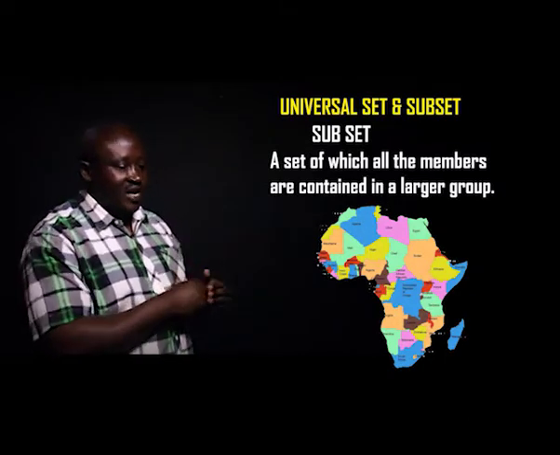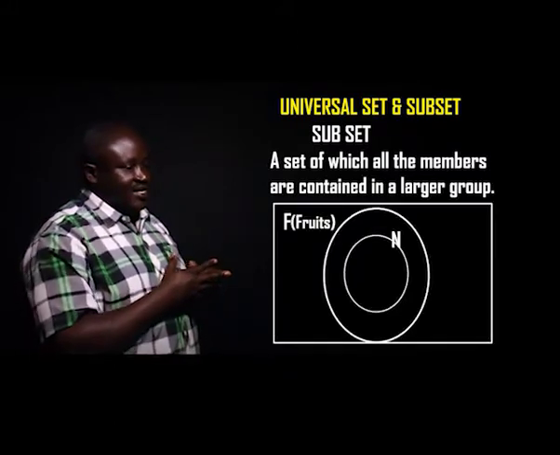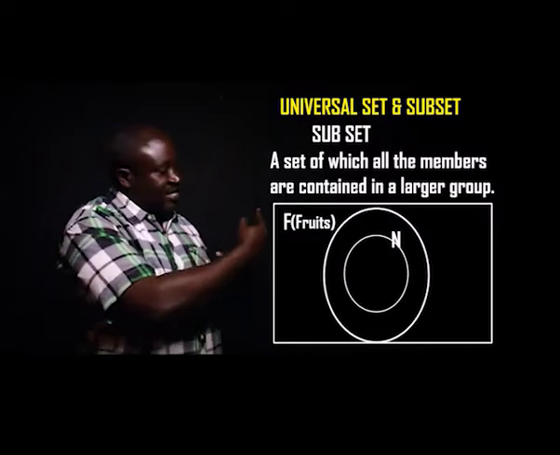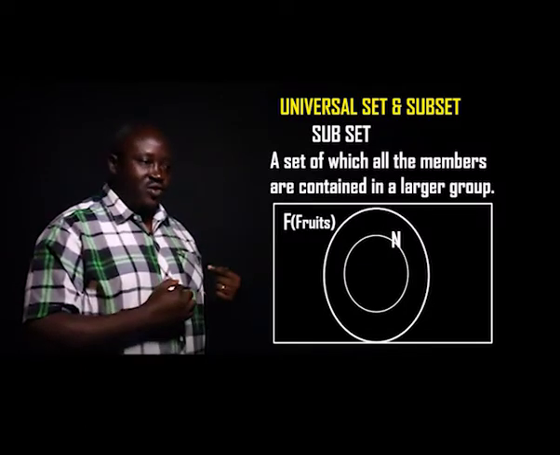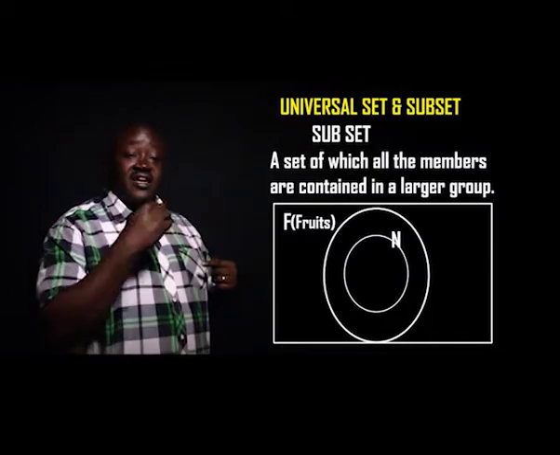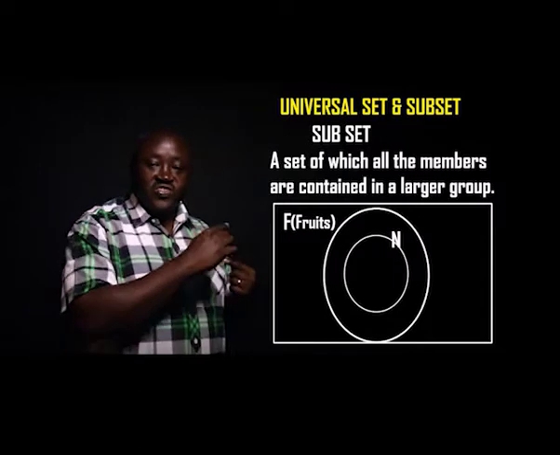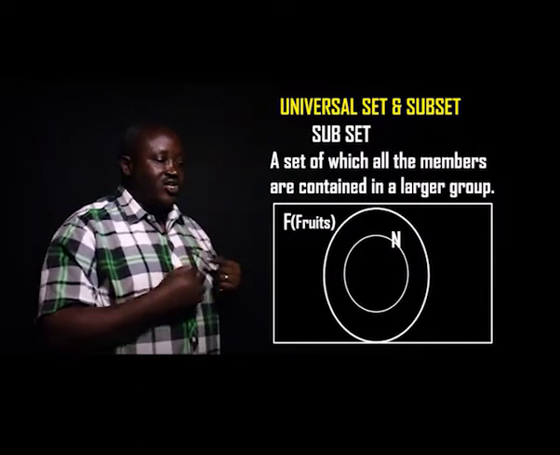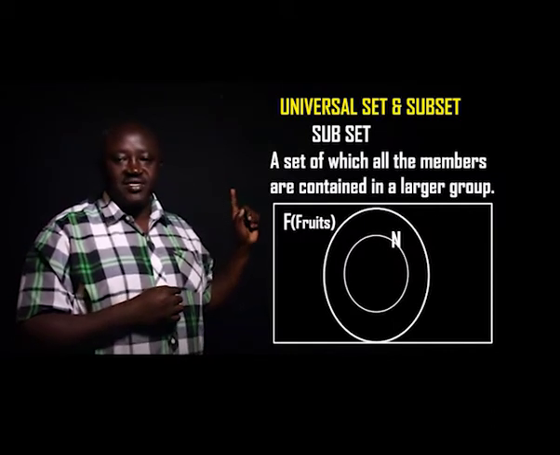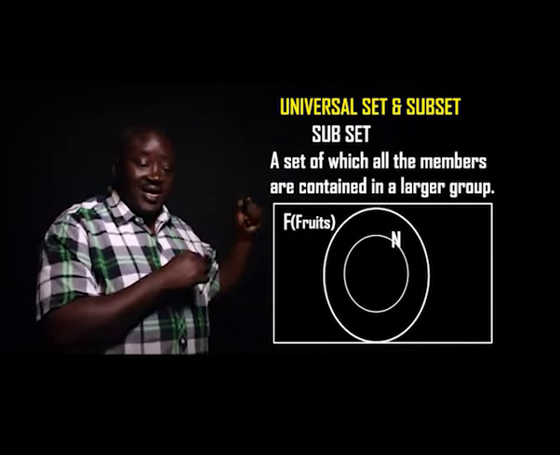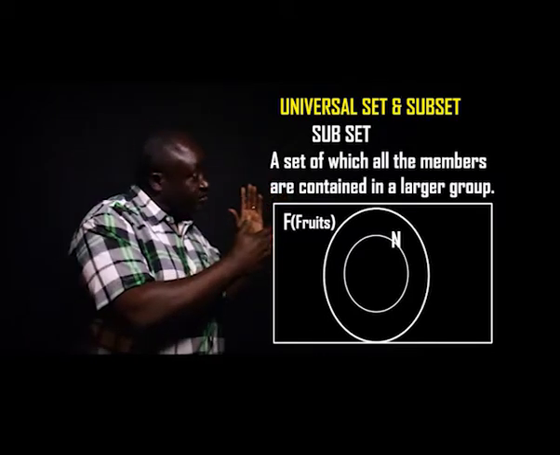Diagrammatically, we can have our diagram showing a subset. Now, when you draw such a Venn diagram, there are different drawings. You can have a smaller subset within a big one, as shown above. And you call the main set, let it be fruits, F, representing fruits.